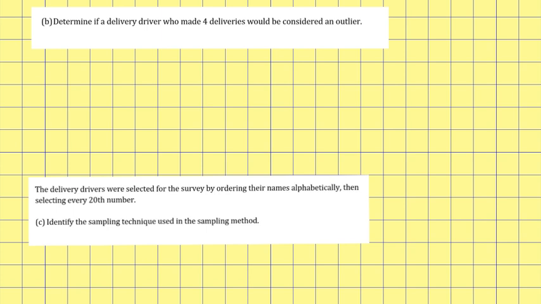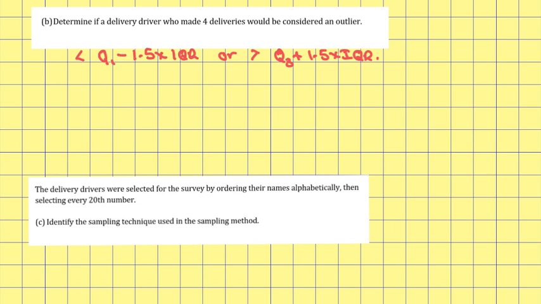B, determine if a delivery driver who made 4 deliveries would be considered an outlier. Well, there are 2 definitions for an outlier. An outlier is lower than Q1 minus 1.5 times the interquartile range, or greater than Q3 plus 1.5 times the interquartile range.